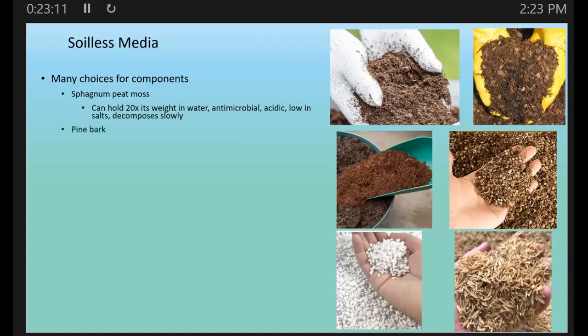But sphagnum peat moss, depending on who you talk to, people will say it is unsustainable to keep harvesting. It's not a very sustainable thing. It's not renewable. Other people who are in the sphagnum peat moss industry say it's renewable if you do it correctly, but there's a lot of places that aren't doing it correctly.